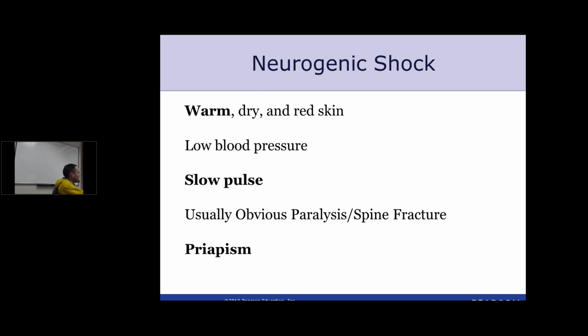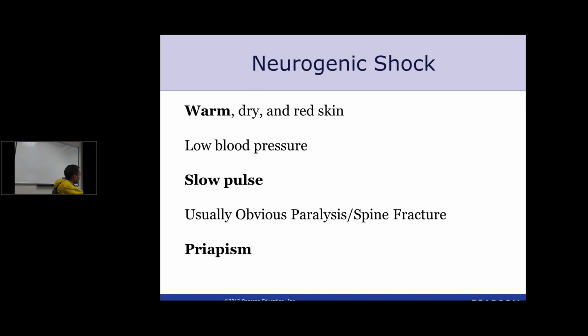For testing reasons, I think you should just remember vasodilation. With neurogenic shock, you're going to have vasodilation below the site of injury. Vasodilation generally will give you warm and dry skin. So low blood pressure because you have the vasodilation.